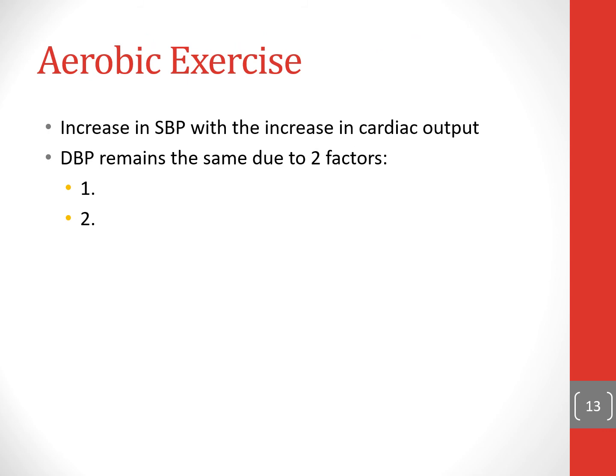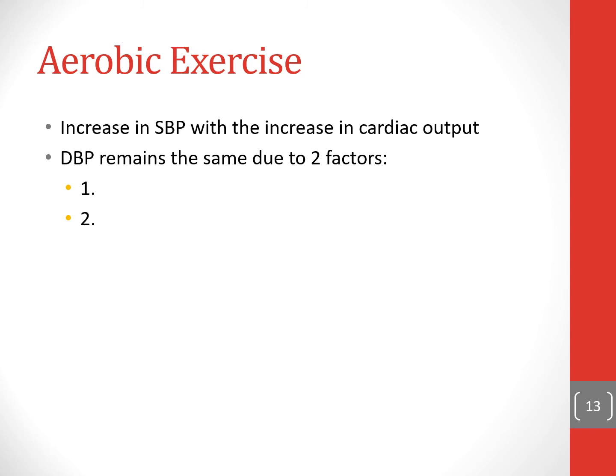Okay. With aerobic exercise, we will see an increase in systolic blood pressure associated with an increase in cardiac output. So again, the amount of increase that we see with systolic blood pressure will be directly related to intensity. So are you just biking at an easy intensity? You might see your systolic blood pressure go up to 135 or something.